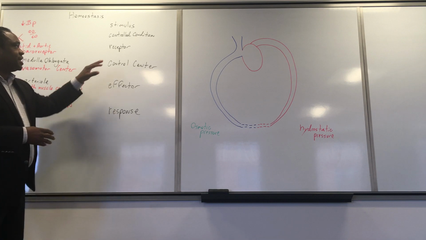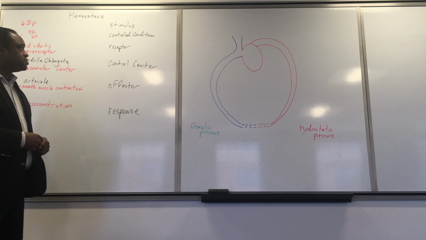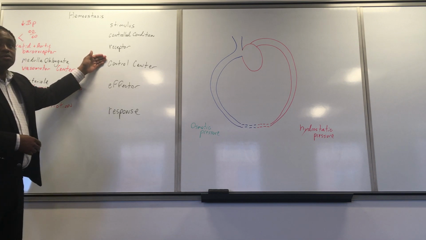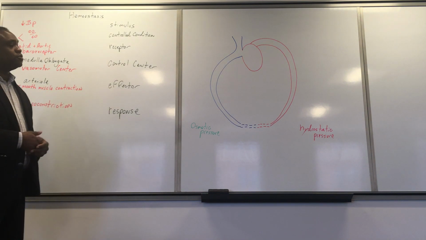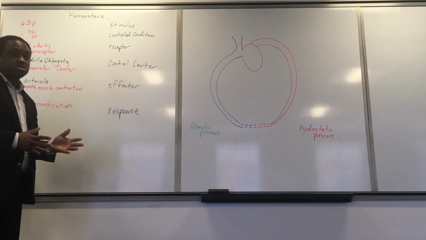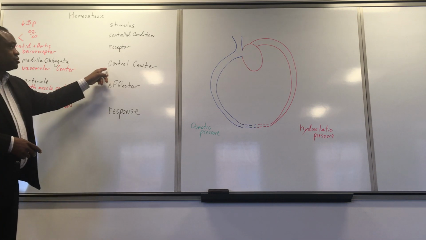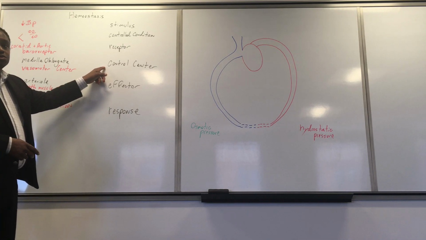So we have to have detectors in our body to detect these changes, and those are called receptors. Receptors then take that signal, that information, to a control center. We have different types of control centers in our body. Most of the time it's the actual brain or the spinal cord, and then the decision is made there at the control center.